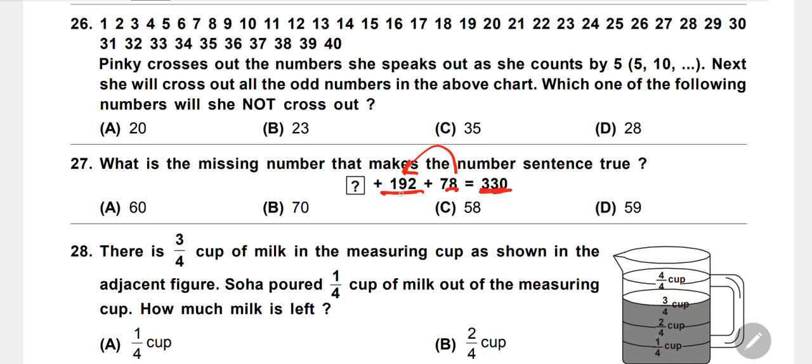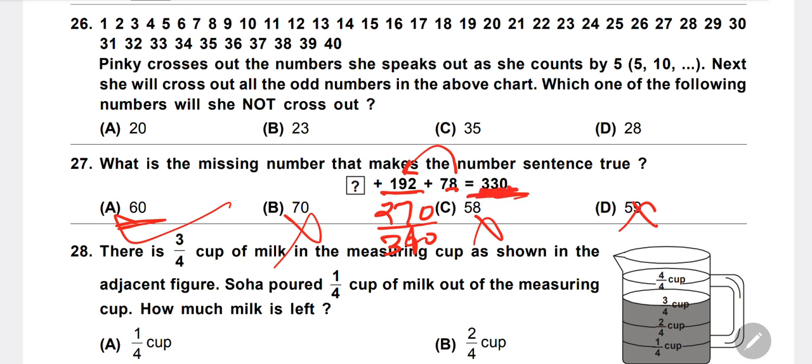So I think we have this 270. 270 plus 60, maybe this number. Yeah, this one. The correct answer is A. If you add 70, it becomes 340. So it is not 58, because we need 0 at the end. These two numbers are not part of it, because we also think the 0 must be in the units place.